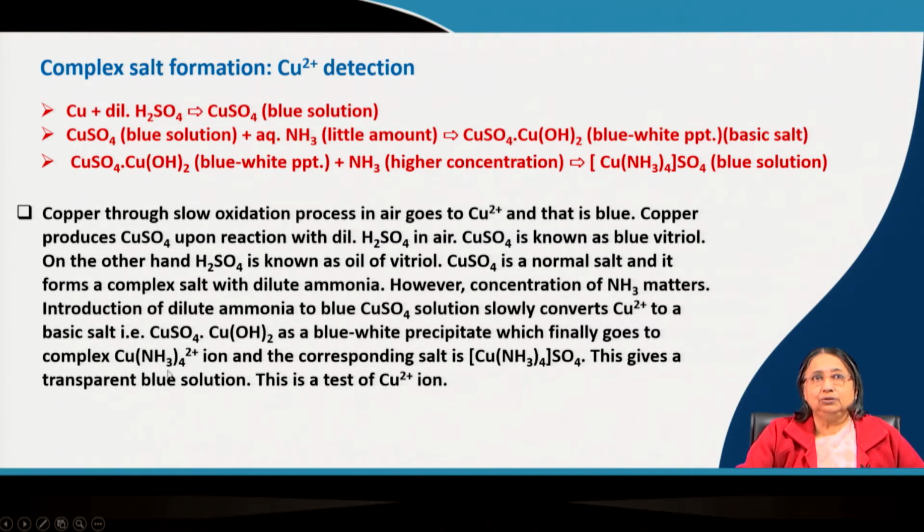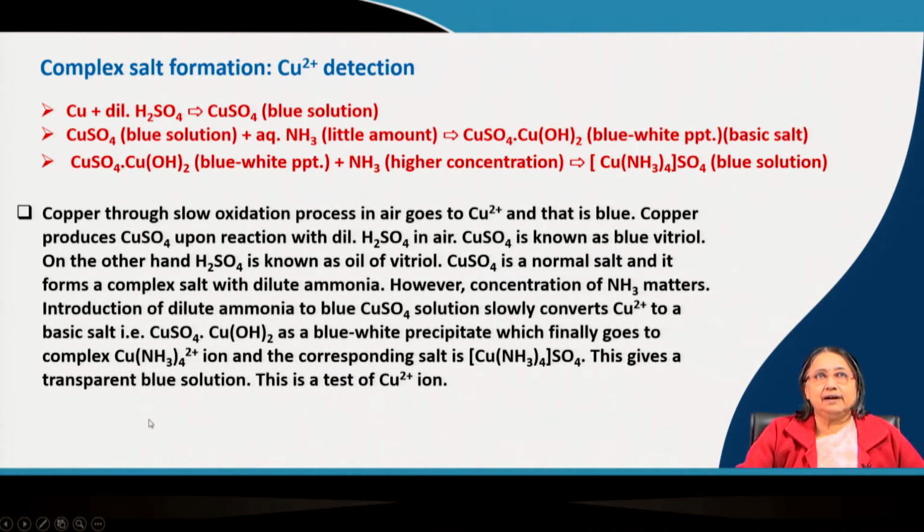How? Due to the formation of the copper amine complex, Cu(NH3)4 2 plus, this is the ion, and the corresponding salt is Cu(NH3)4 sulphate, because sulphate ion is there. So, if you increase the ammonia, then this precipitate will go into solution and form this salt.